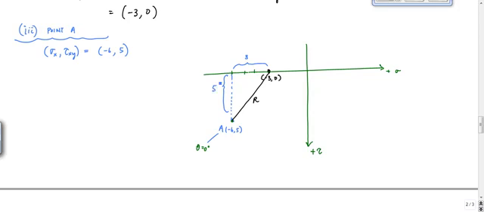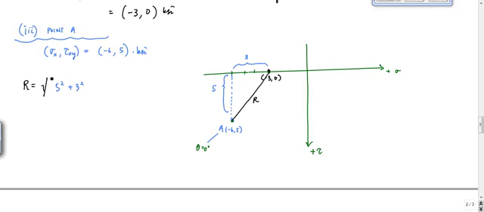And so R, the radius, is the square root of, notice all these are in units of KSI, if you didn't know that right now. All these are in KSI units here. But R is just the square root of 5 squared plus 3 squared.